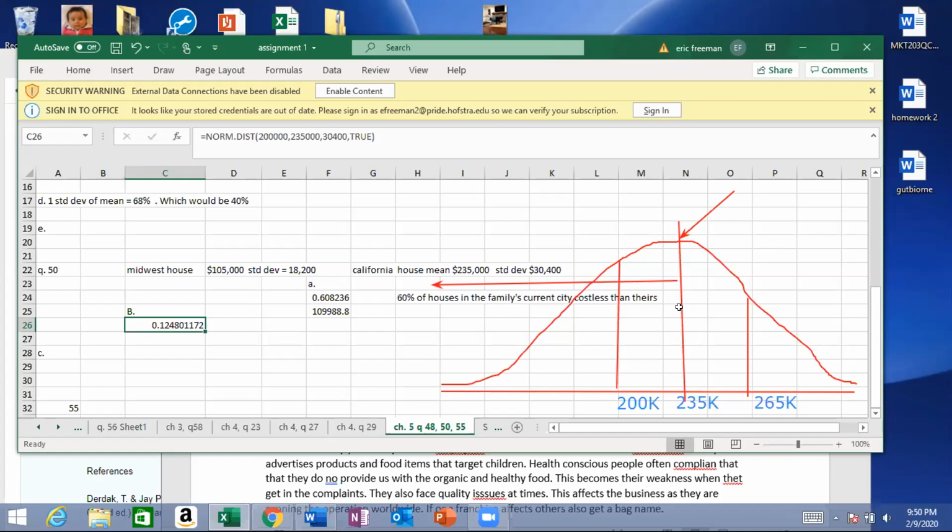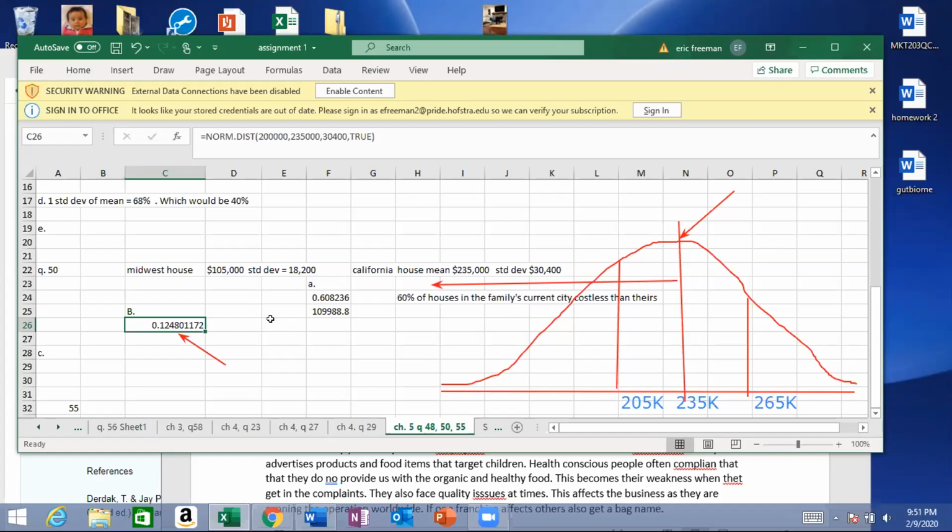Actually, this shouldn't be 200,000. This should be 205,000. Yeah, you're right. So if that's 34, the other would be 16, and you said roughly around 13. Bingo. In the ballpark.